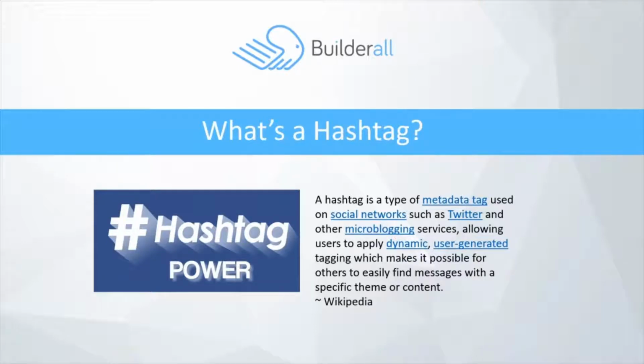A hashtag is a type of data tag used on social networks like Twitter, Facebook, Instagram, and any of the blogging services, that users can use to make it possible for others to find messages with a specific theme or type of content.